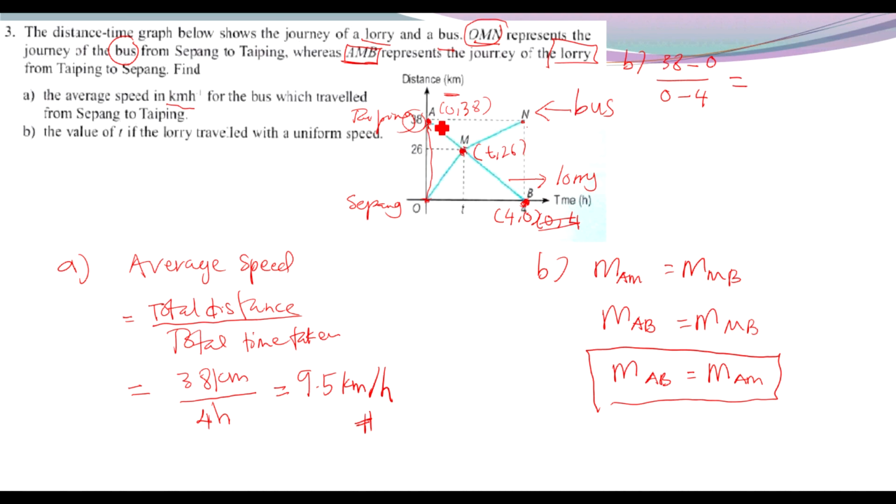Gradient AM is 38 minus 26 over 0 minus t. So this is 38 over negative 4 equals 38 minus 26 is 12 over negative t.